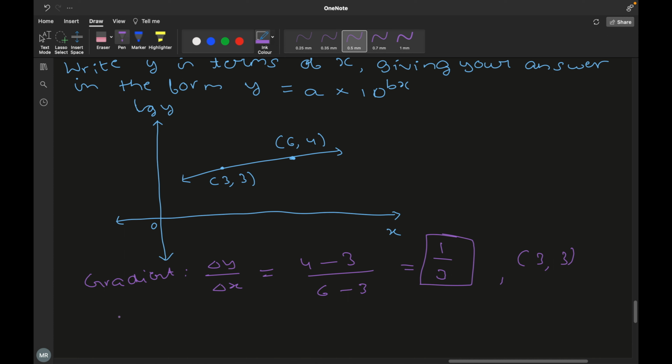So this will not be y, it will be lgy, because on the axis it's lgy and x. So lgy minus 3 equals 1 by 3 into x minus 3.